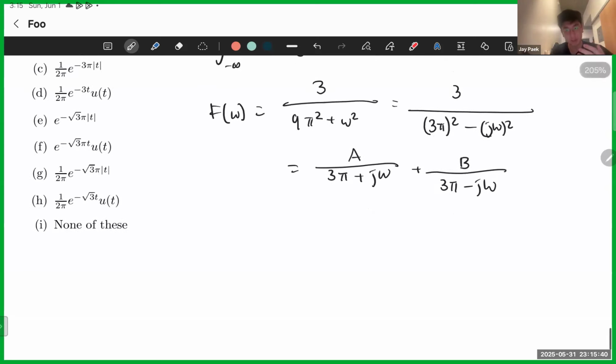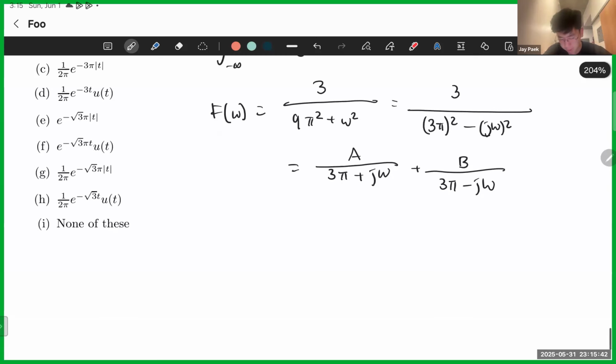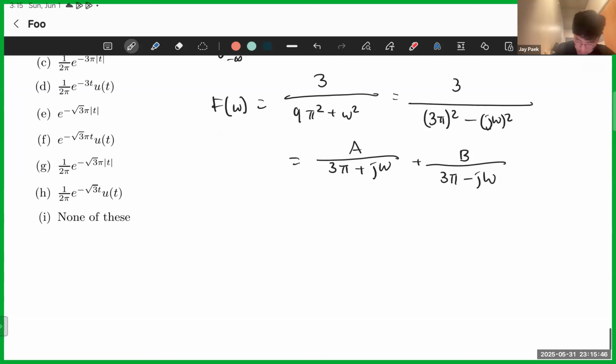Okay, and all we need to do is solve for a and b. What I would do is I know that a times (3 pi minus j omega) plus b times (3 pi plus j omega) is equal to 3.